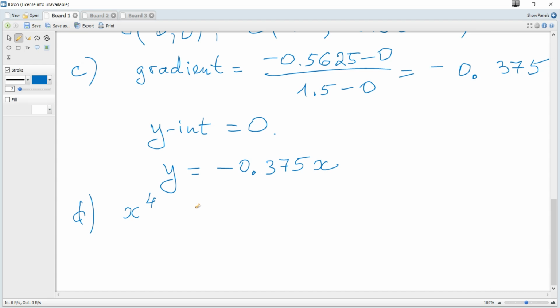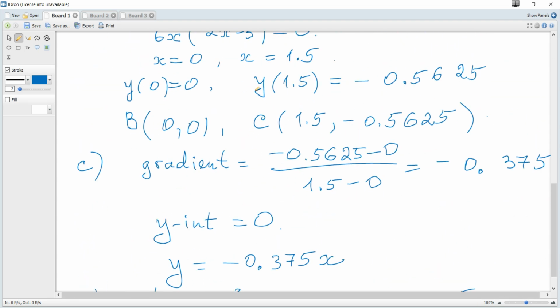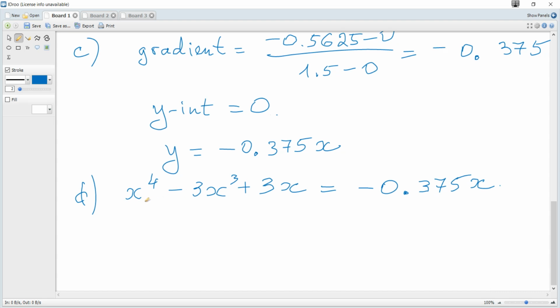So we consider x to the power of 4 minus 3x cubed plus 3x equal to negative 0.375x, and you can see that there will be 4 roots, and you should use a calculator. You may consider the 2 graphs and their points of intersection.